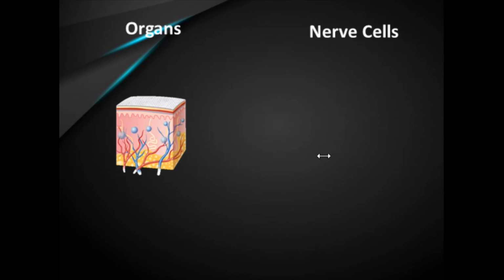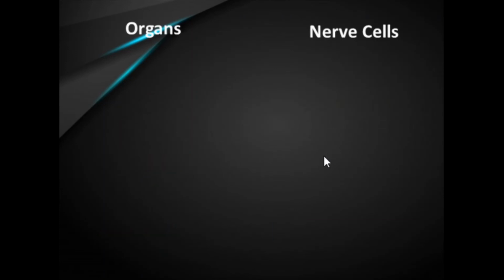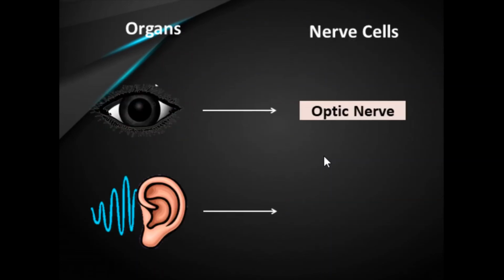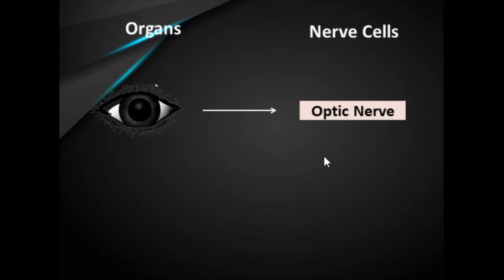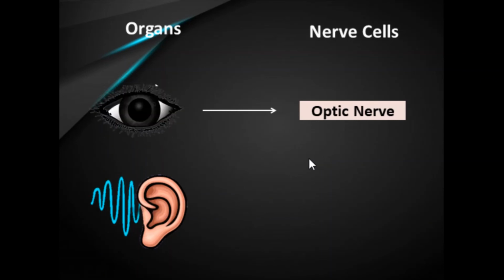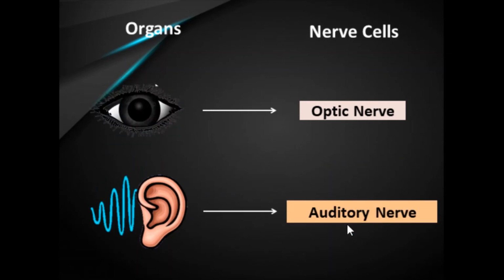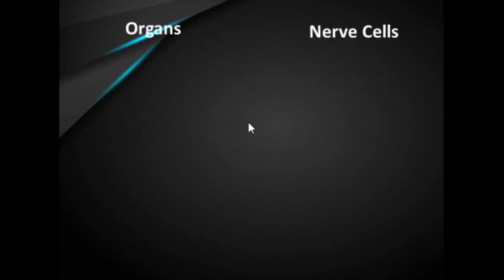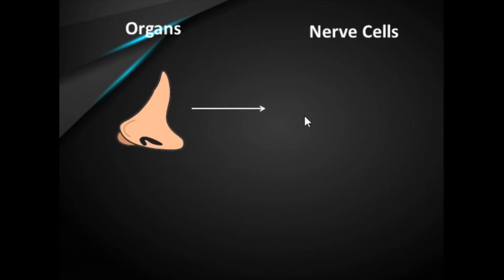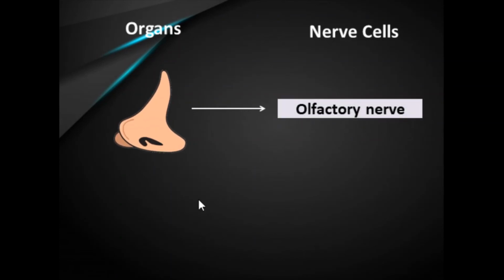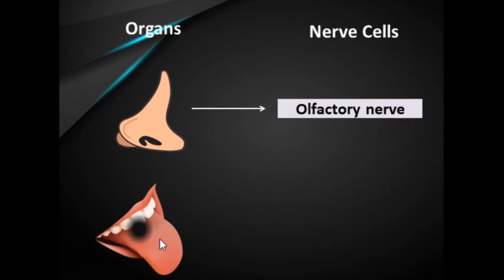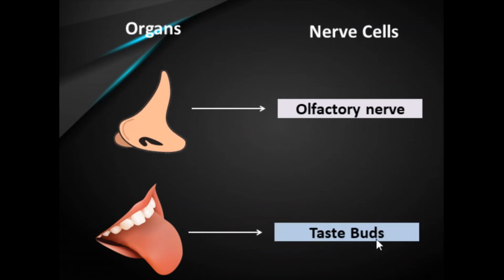Okay, again, for the eyes, we have the optic nerve. For the ears, you have the auditory nerve. Nose, olfactory nerve. The tongue, we have the taste buds or the taste receptors.